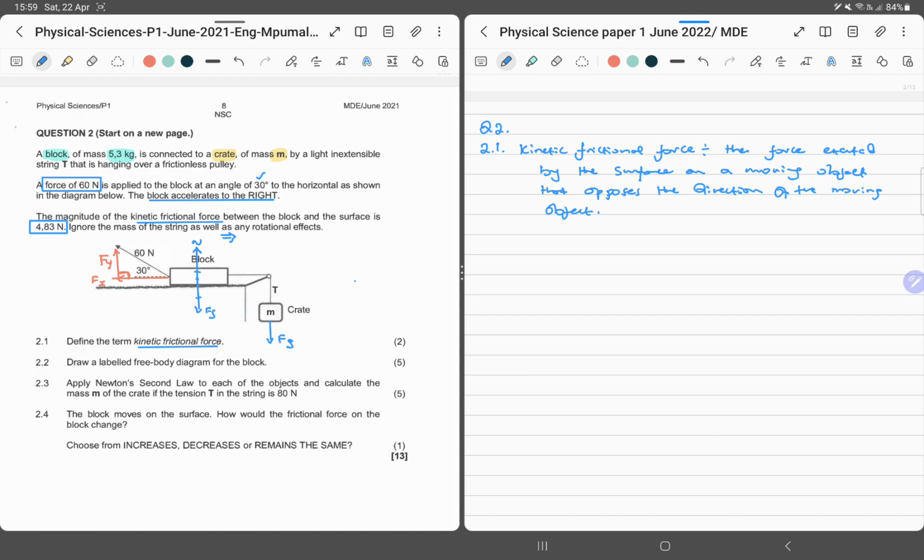Okay, so kinetic frictional force is basically the force exerted by the surface on a moving object which opposes, okay, let's just say which opposes.